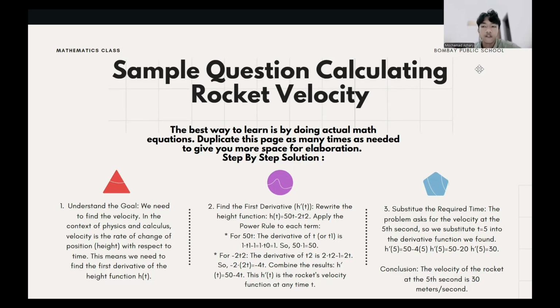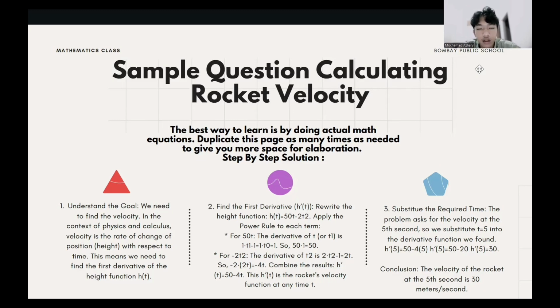So 15 times 1 equals 15. Similarly for negative 2t squared, the derivative of t squared is 2 times t to the power of 2 minus 1, equals 2t.